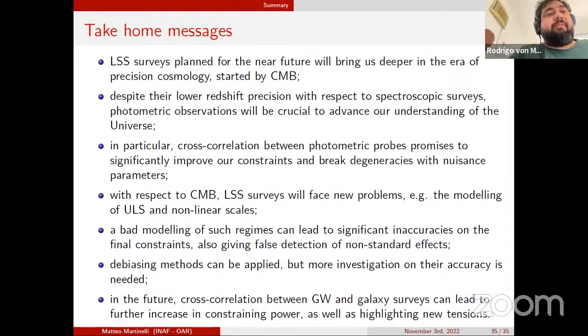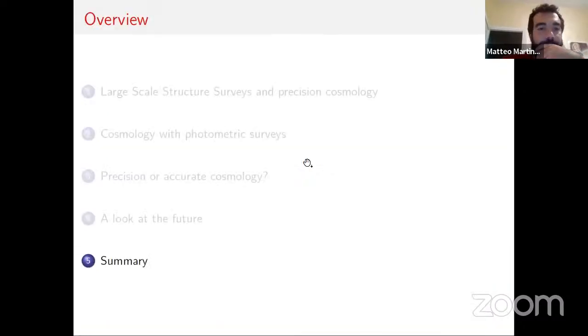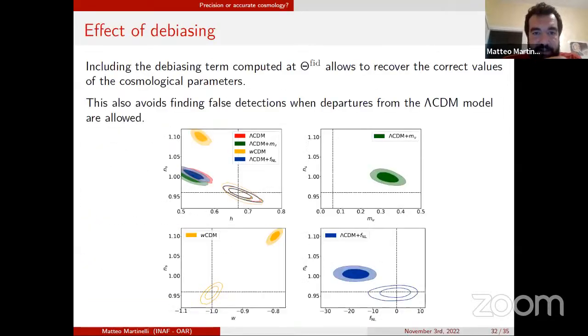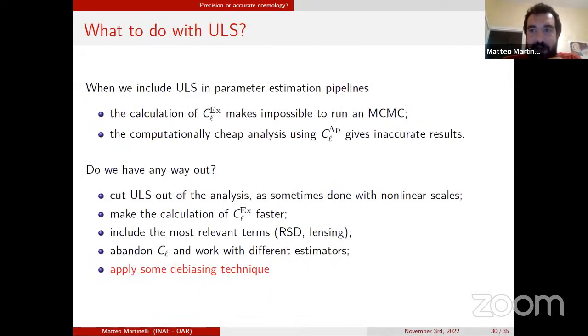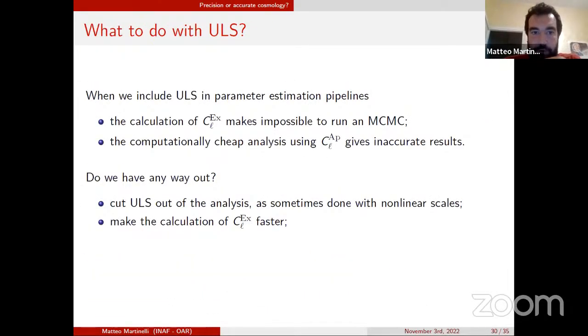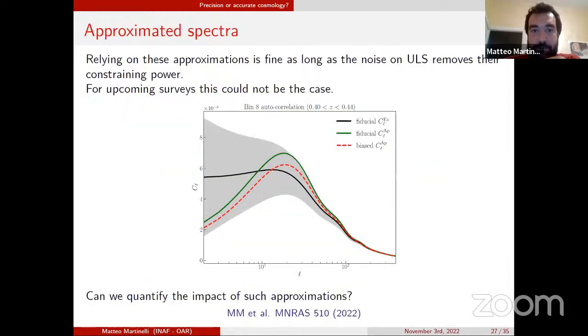And regarding these ultra large scales, you say that what we did now is not taking into account the other transfer functions from velocity, lensing, and so on. Actually, the point is that when we create the data, we account for those effects in creating the data.